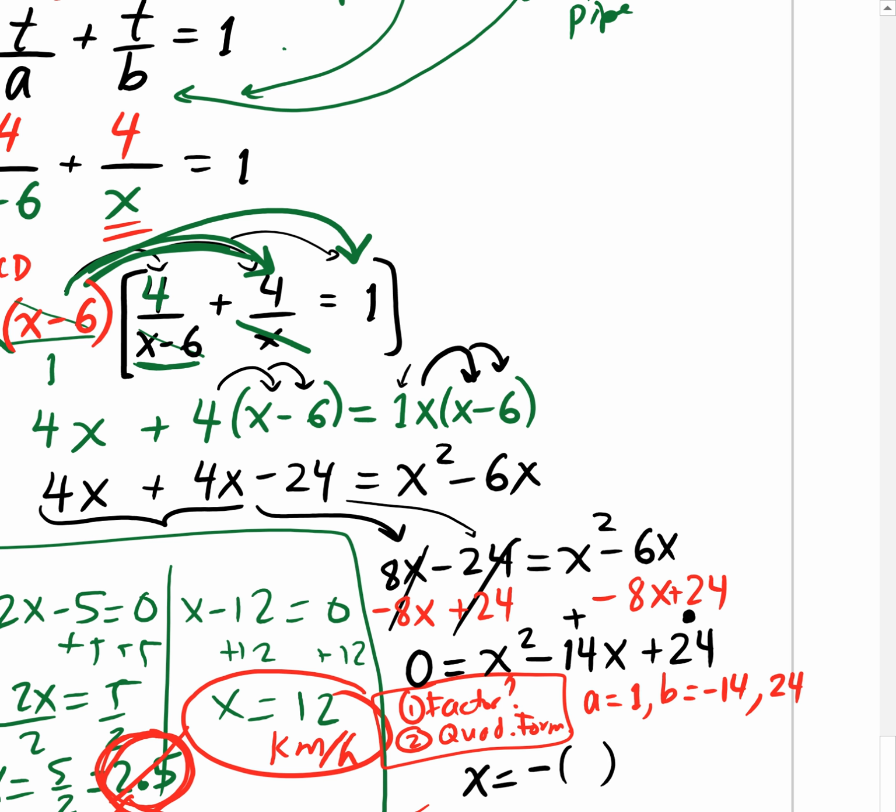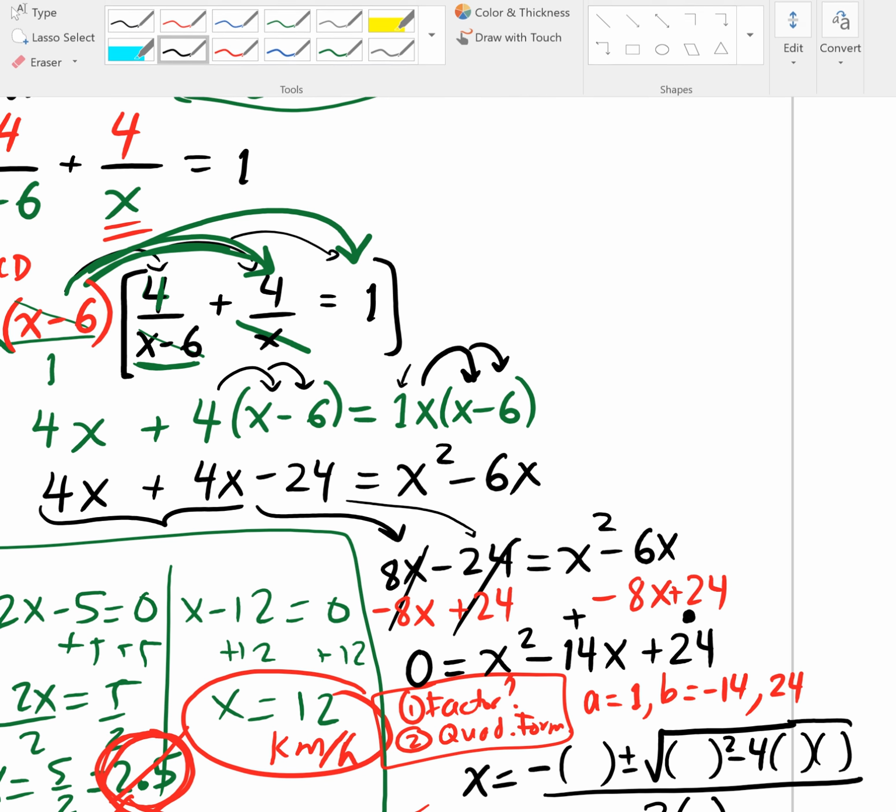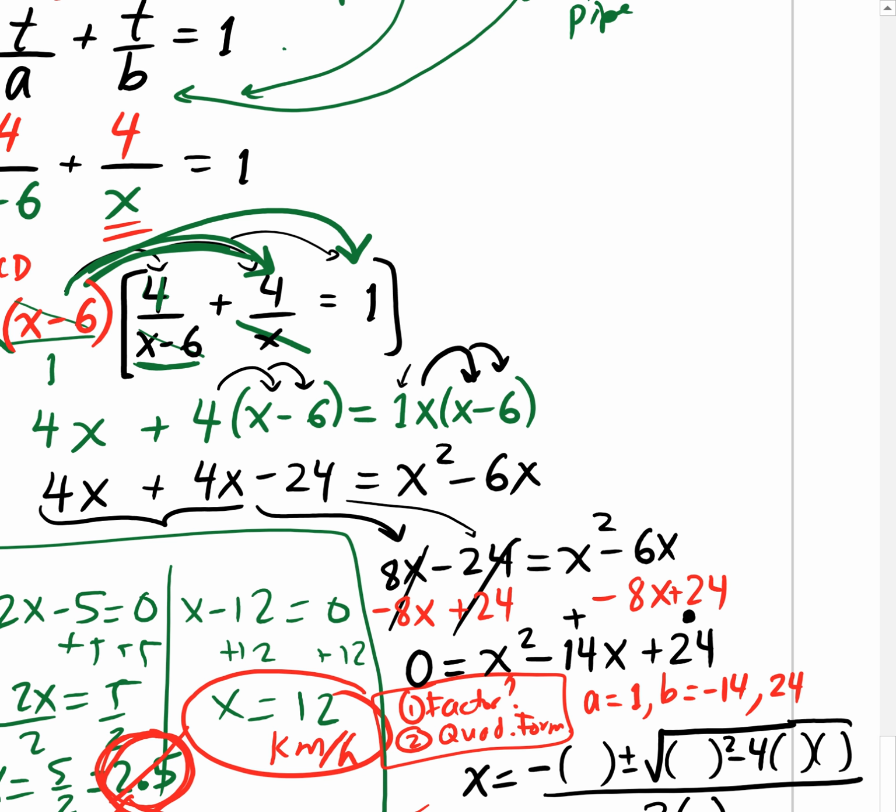You should probably look it up, but it should look like negative b plus or minus the square root of b squared minus 4 times a times c, over 2 times a. And I'm just going to go ahead and fill those in without writing the entire formula out. B goes here, that's negative 14, so it'll be a negative negative, plus or minus the square root of b squared, negative 14 squared, minus 4 times a, which is 1, times c, which is 24.